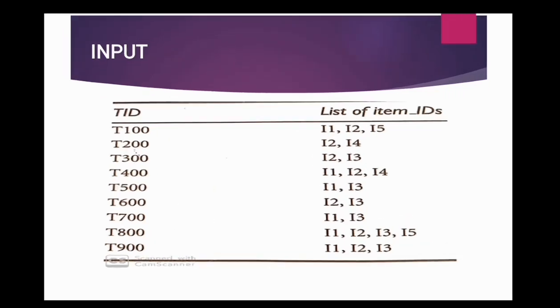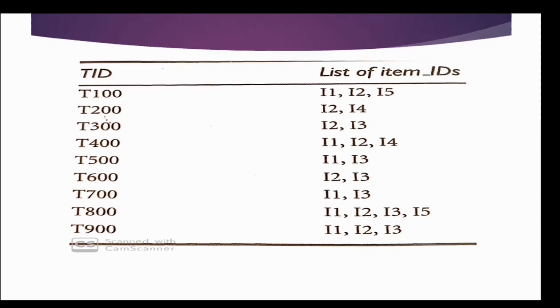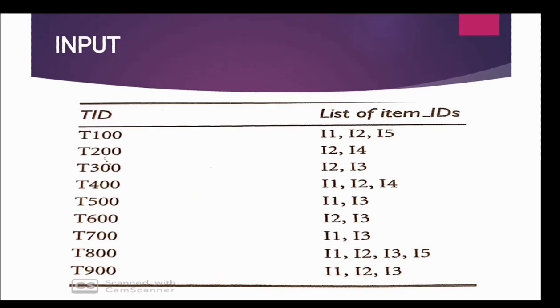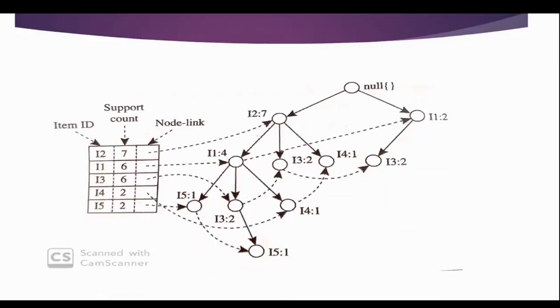And here is the same transaction table which we have taken in the Apriori algorithm. The transaction IDs are given along with the list of items, and here is the tree which we are using in the frequent pattern growth algorithm.